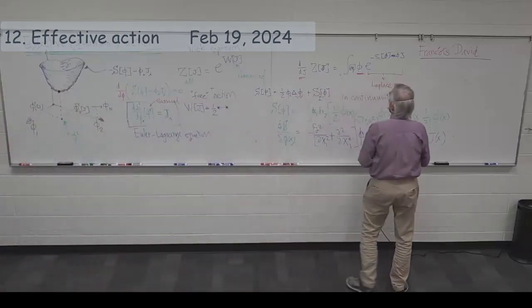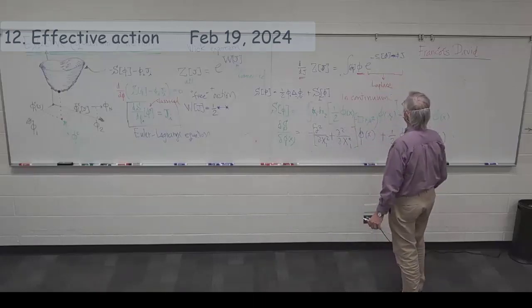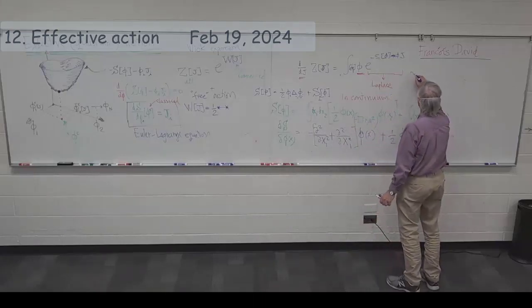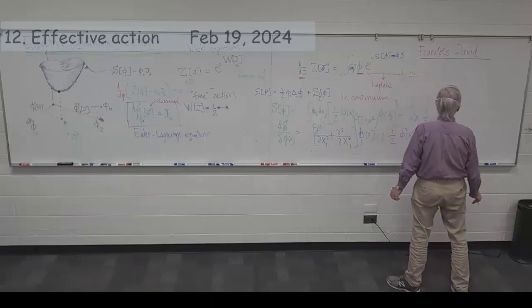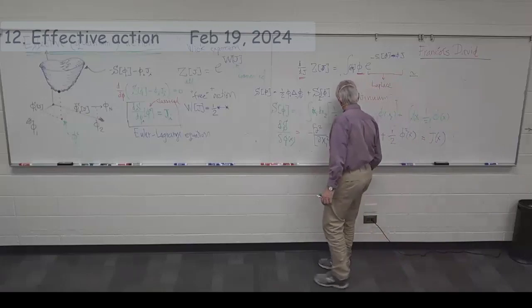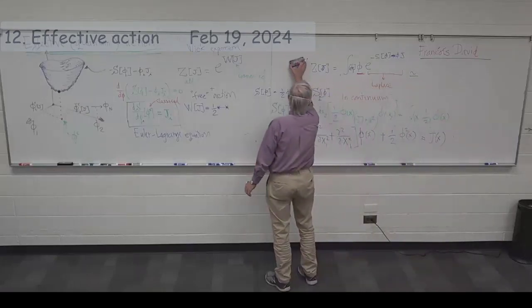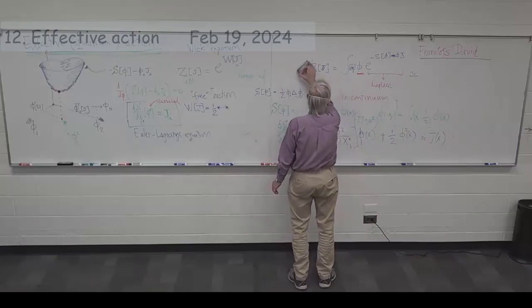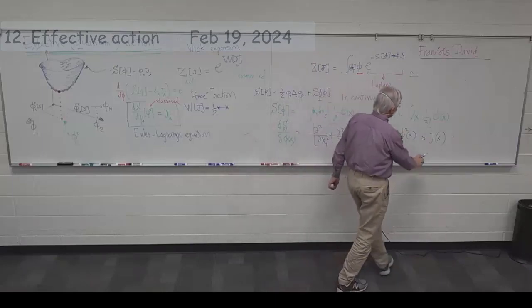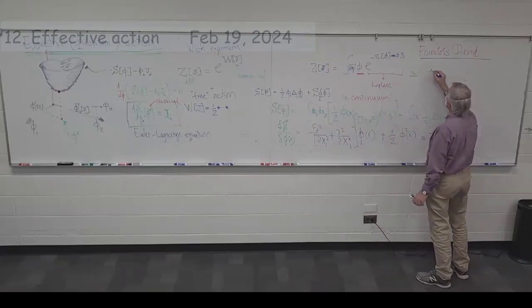So that says that I can now approximate, and again, I'll do it more carefully, but I can approximate the partition function by its classical value.